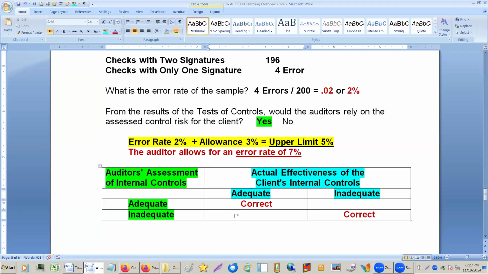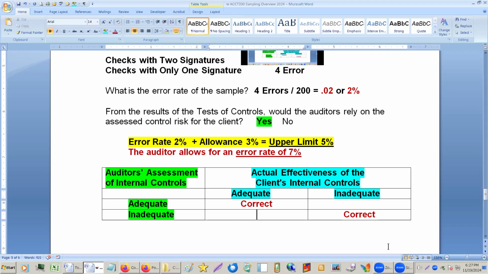So a lot of times when something fails a sample, it's not the end of the story. You go grab a bigger sample and see if the larger, more sure sample also says that you can't rely on it. But so we say that they're inadequate, and they're actually adequate. So this would mean that we are under relying on the controls.